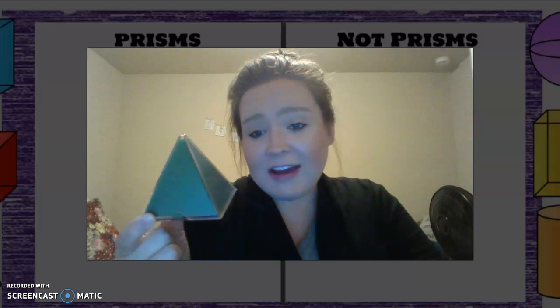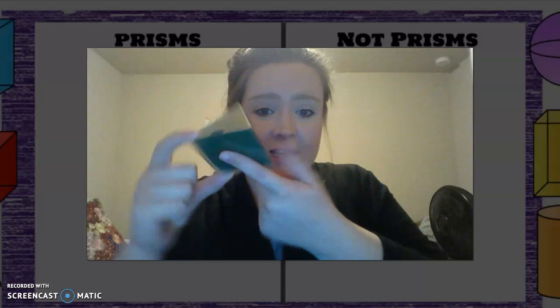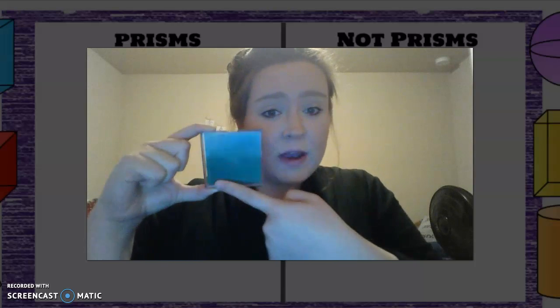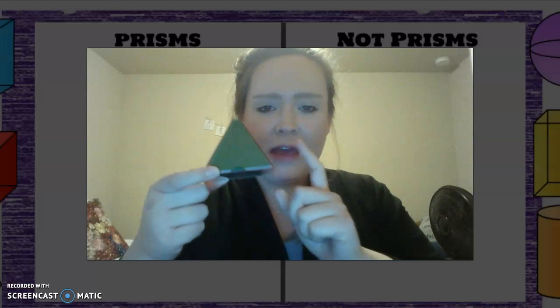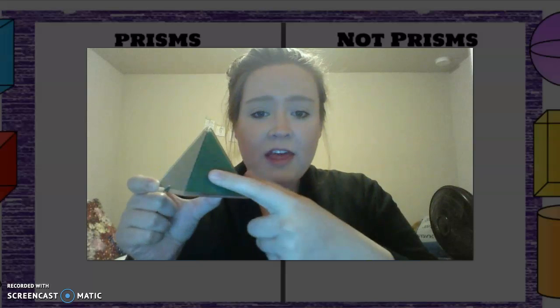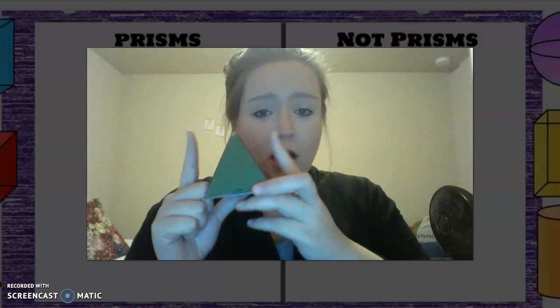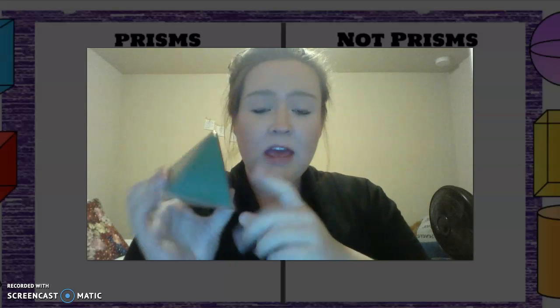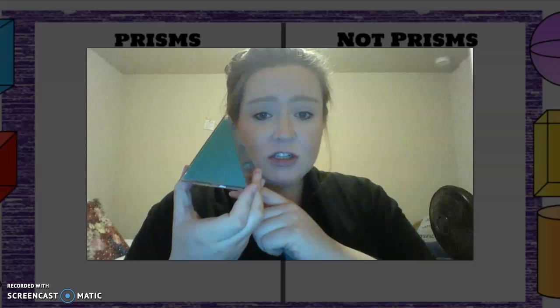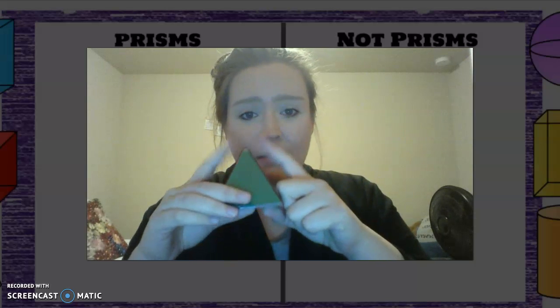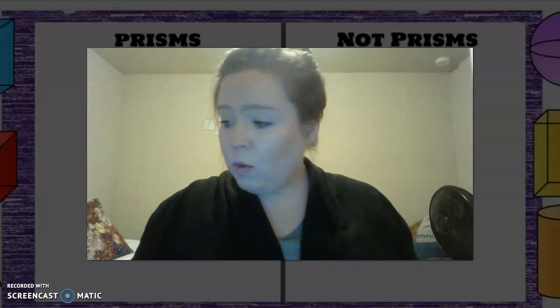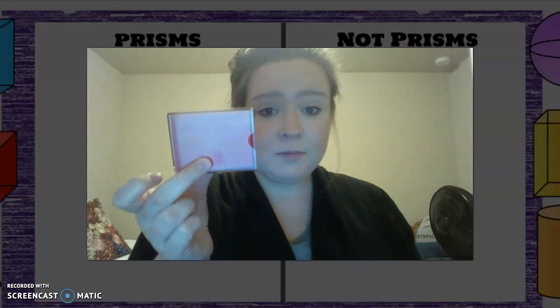It does not have identical parallel ends. This is a square. This is not the same as this up here. This is just a vertex. Okay? Now, while this one and this one on opposite sides, they are identical. That is a triangle and that is a triangle. They are not parallel because they have a vertex. They meet. Okay?